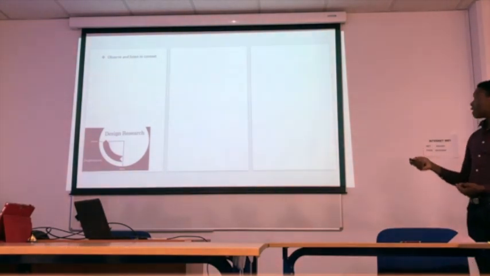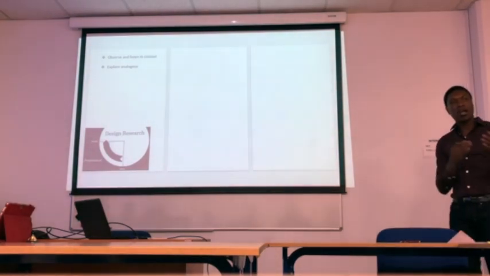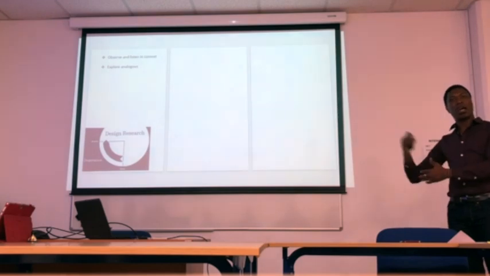This can be done only through observation and listening, and the ability to explore analogies, putting ourselves in a different situation. How can this problem be seen in another context?